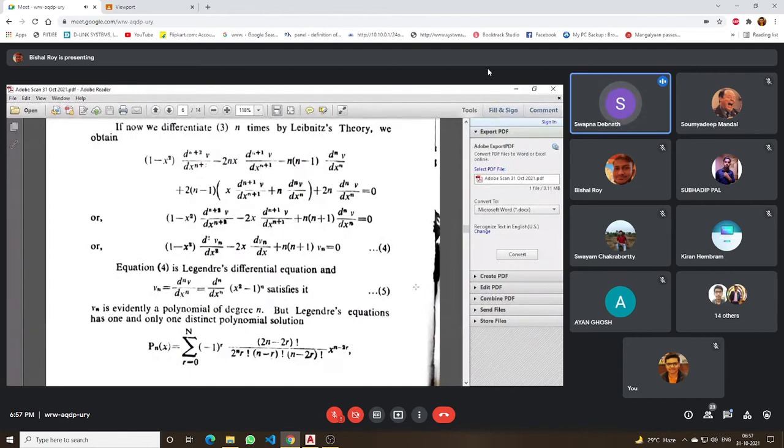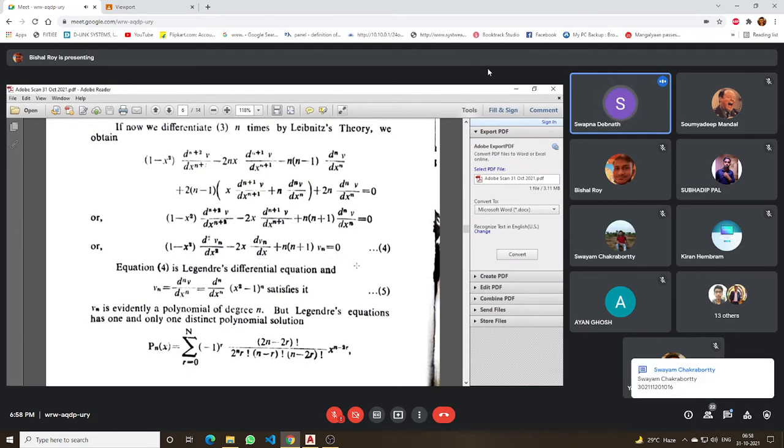If it is difficult to understand, just take pen pencil, do it yourself, each and every term n times, and then add. And after simplification, the equation becomes number 4, which is (1 minus x square) d2vn/dx2 minus 2x dvn/dx plus n(n plus 1) vn is equal to 0.